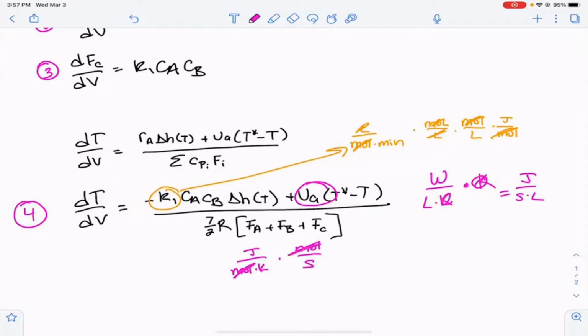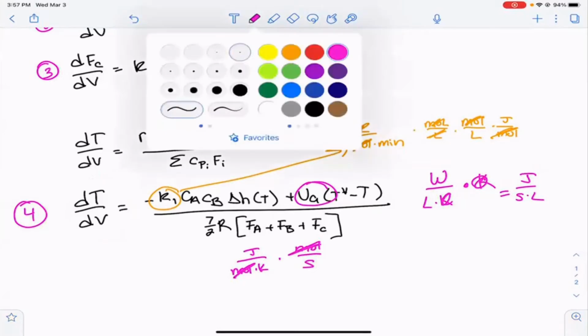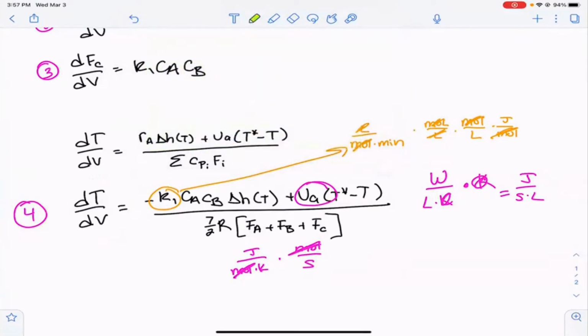So the moles are going to cancel, and we end up getting joules per second liter. And that's good, the joules are going to cancel. But again, we're in seconds here, minutes there. So that's just something I want to stress when you implement this problem: make sure that all of the units match.